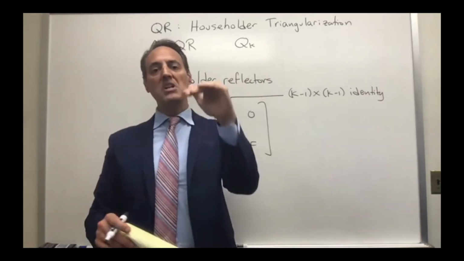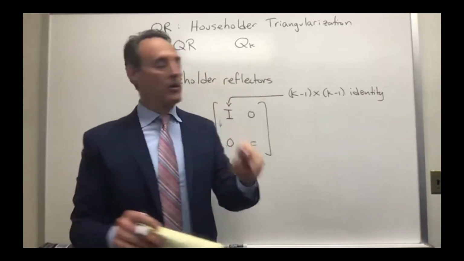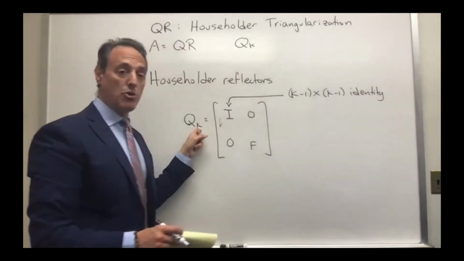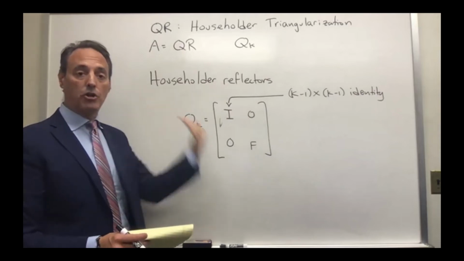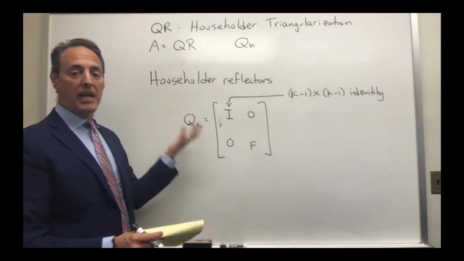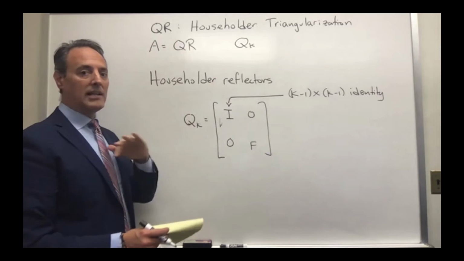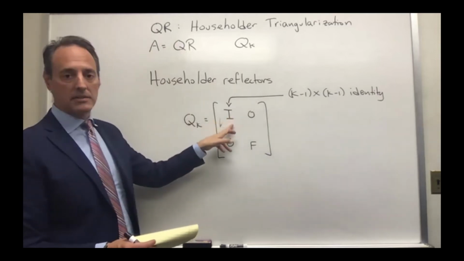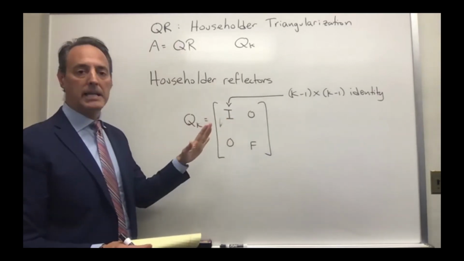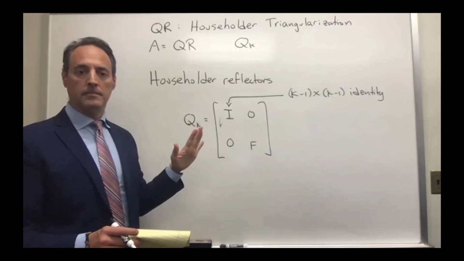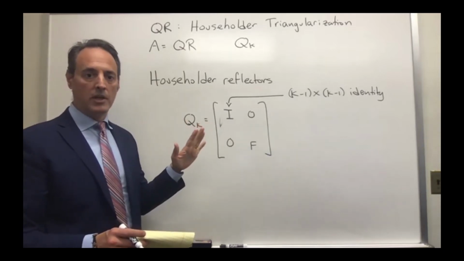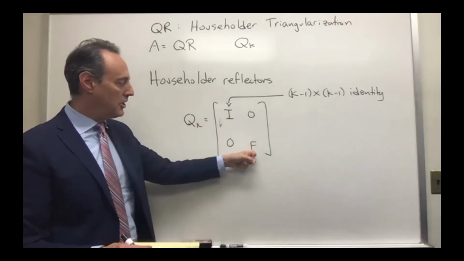So the work I've already done, leave it alone. I'm now at the Kth column. This is what this is going to be acting on. Q of K is going to act on the Kth column. All the K minus 1 columns before, leave it alone. That's what this does. Just multiply it by identity, which means don't do anything to it. Okay? So all the magic is going to happen here in F.